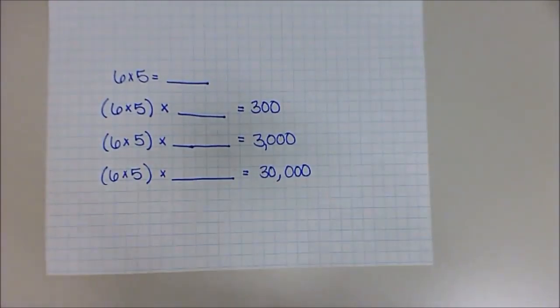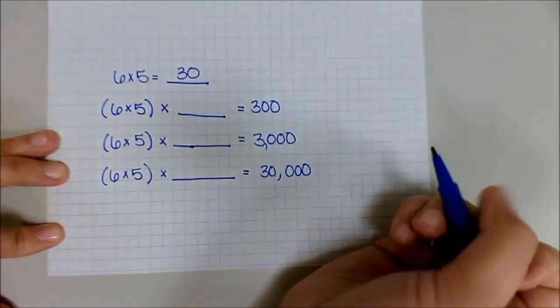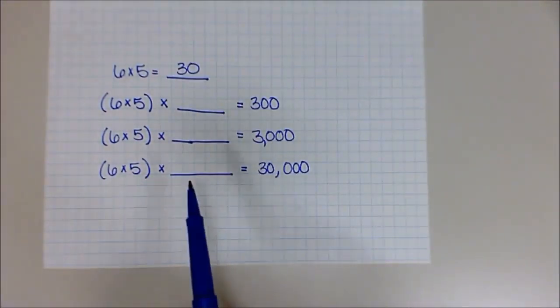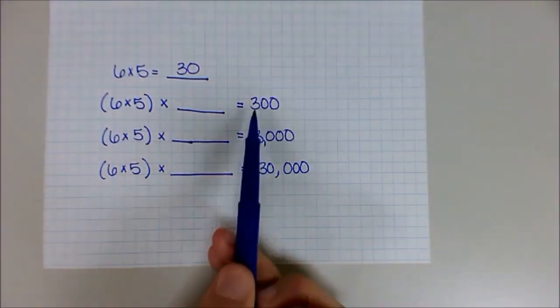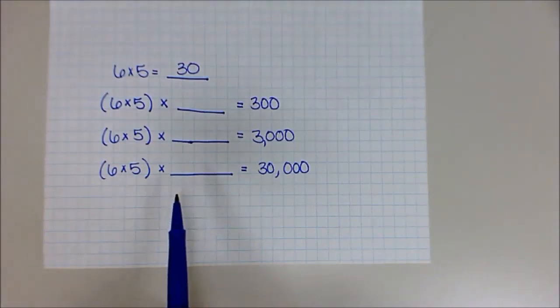Let's look at another problem. This problem says 6 times 5 equals what? I need to first figure out what my answer is. So 6 times 5, I know that basic math fact is 30. Now it's the other things that are blank. So I have my basic math fact and I have my answers, but I need to figure out what my powers of 10 are.